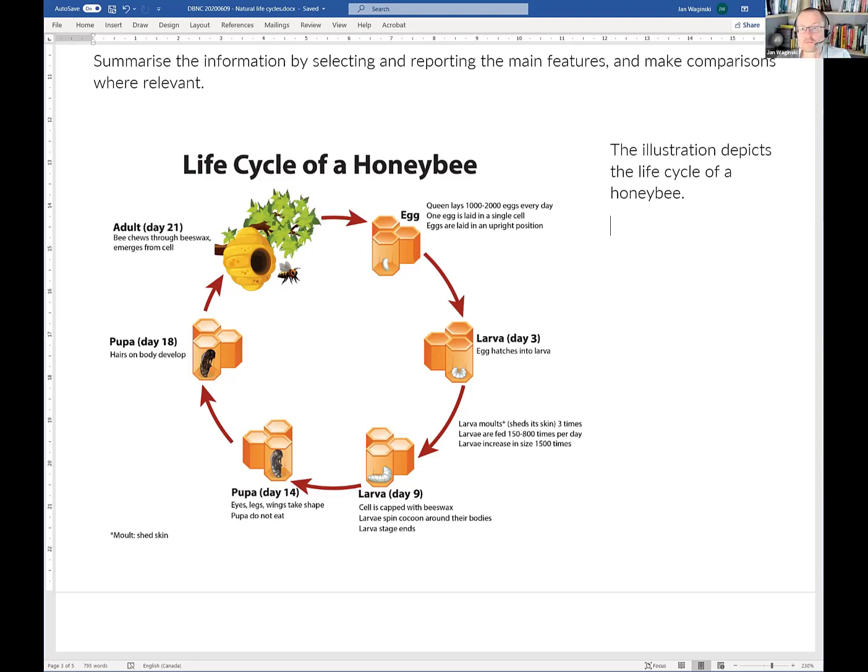So, Myra, just for this kind of task, you don't want to use the exact same language that's given in the prompt. You need to paraphrase. You've got to put it in your own words. Okay. Go ahead, Dina.